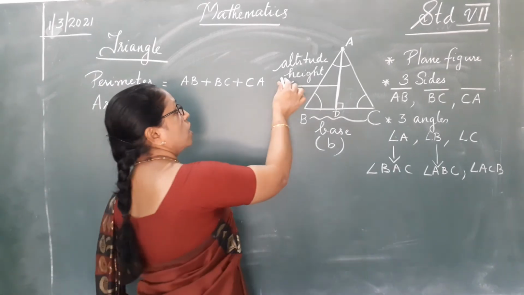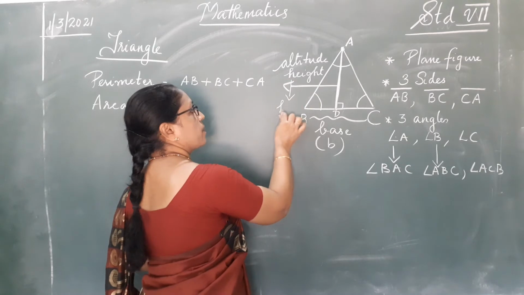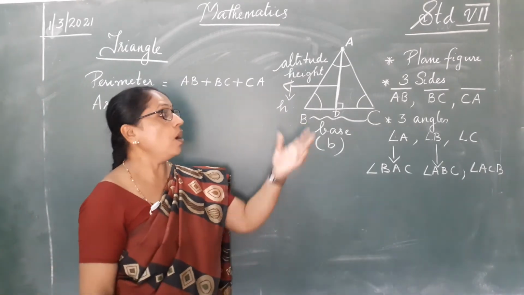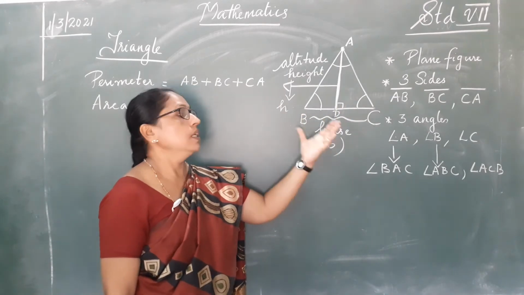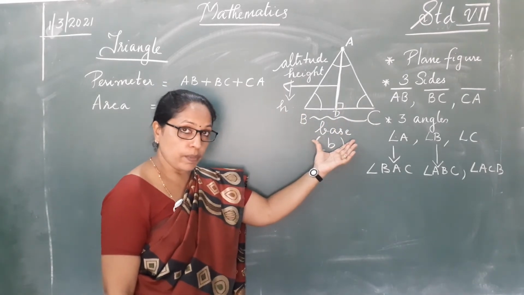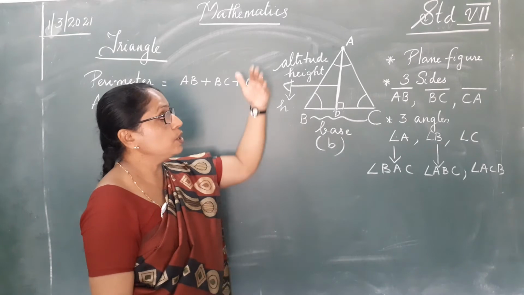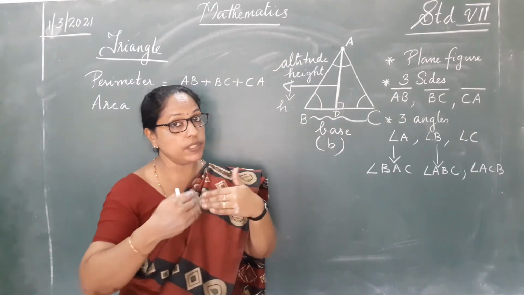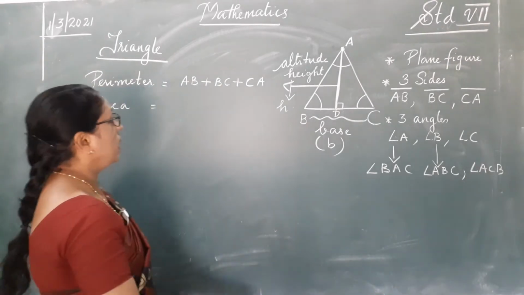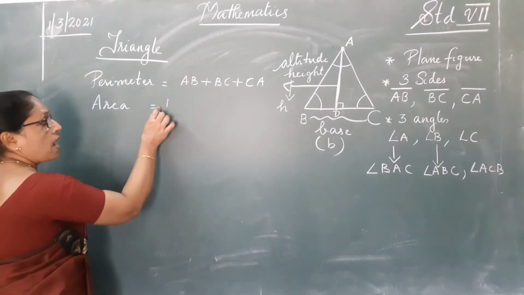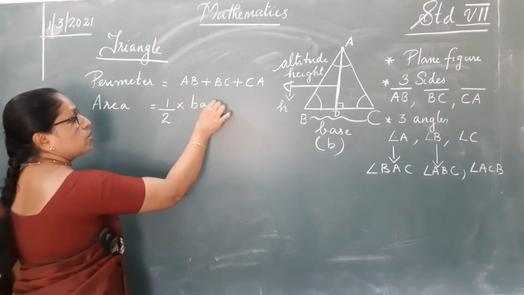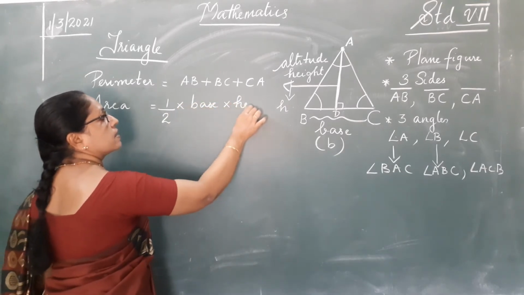It is denoted by the letter H. So in order to find the area of a triangle, we need to know the base and its altitude, which is drawn to the base we have taken. So the area of triangle is half into base into height.